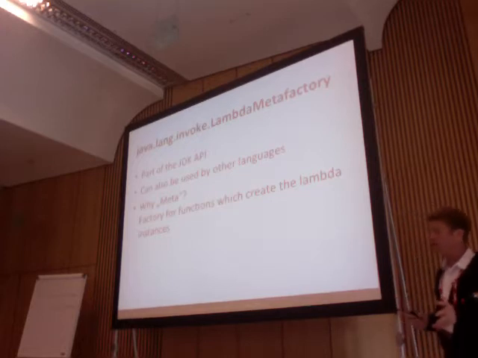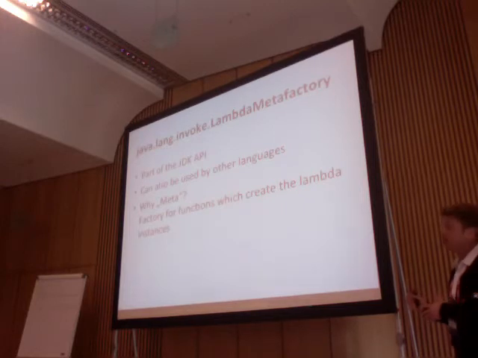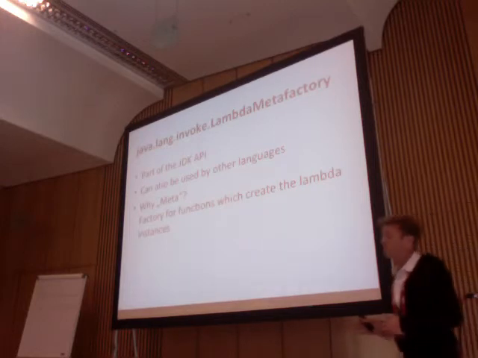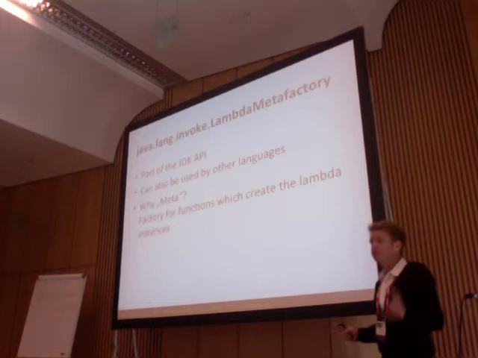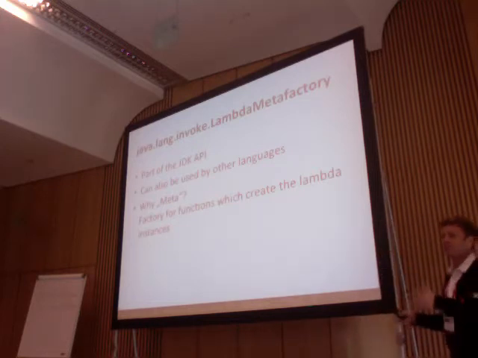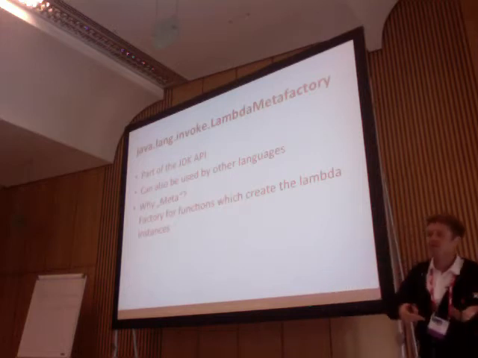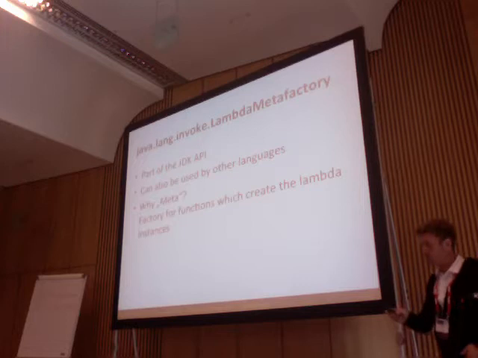It can also be used by other languages. It's not bound to the Java language. Other languages can use the same mechanism. It's implemented very generically in here. And why is it called metafactory? Because it's a factory for functions which create lambdas. It's a bootstrap method which returns a function which in turn creates a lambda instance. That's why it's called metafactory.